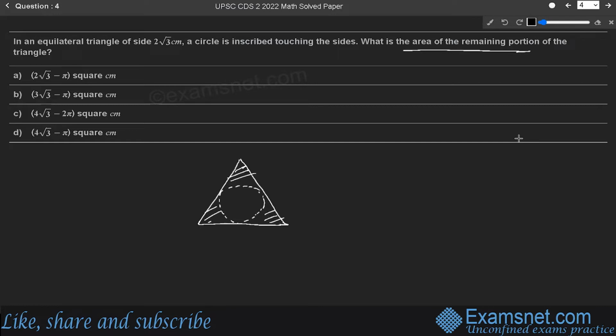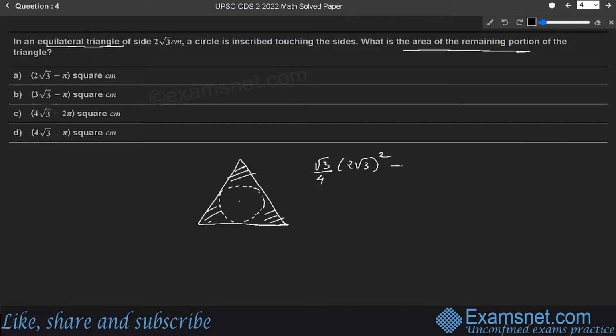Since it is an equilateral triangle, the area of equilateral triangle will be root 3 by 4 into a square. A is 2 root 3. So root 3 by 4 into 2 root 3 square, minus the area of this circle which is inscribed in the triangle.